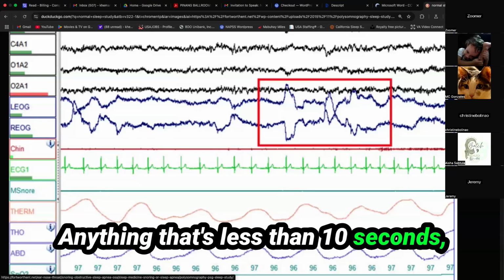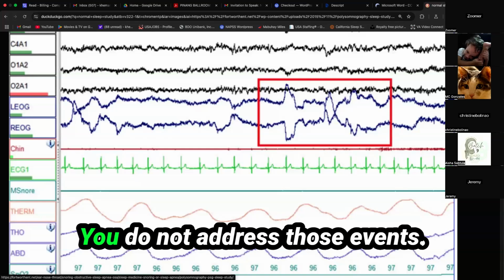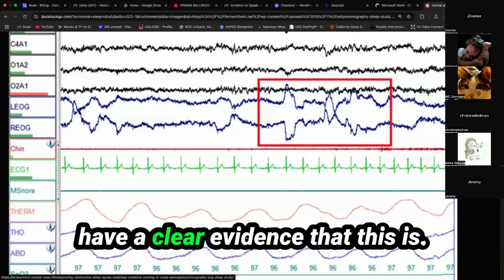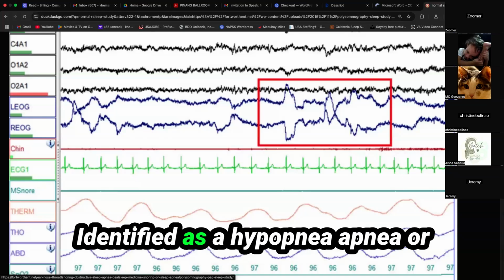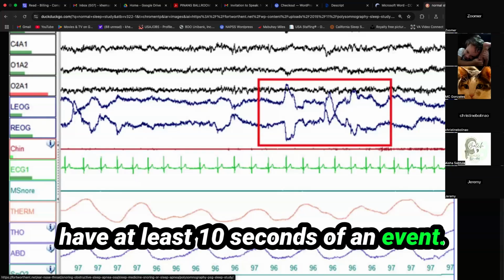Anything that's less than 10 seconds is not technically an apnea. So that's clear. You do not address those events. You let it go because you have to have clear evidence that this is identified as a hypopnea, apnea, or central apnea, meaning you have to have at least 10 seconds of an event.